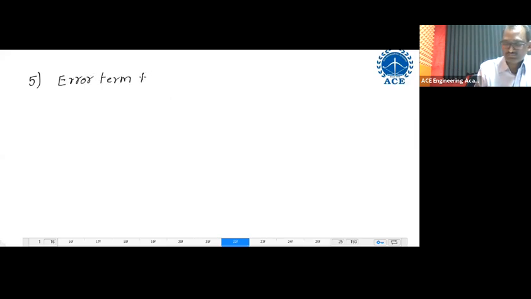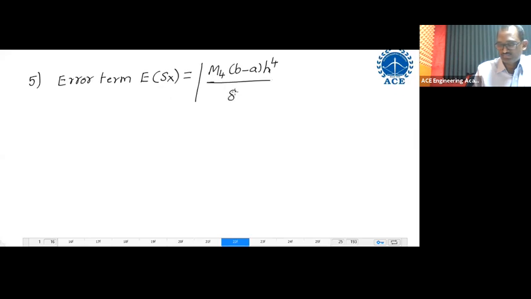Error term. Please verify, the only difference between the 1/3 rule and the 3/8 rule is the denominator: 180 there, here 80.